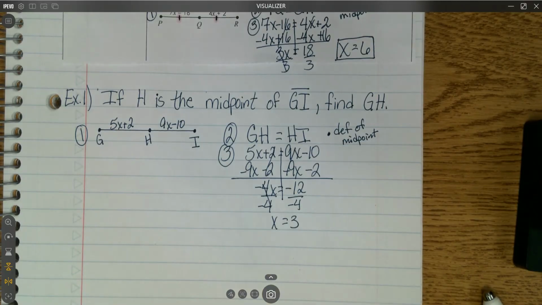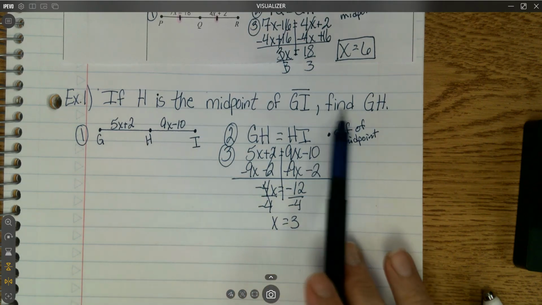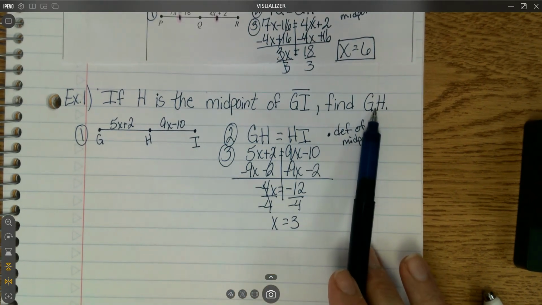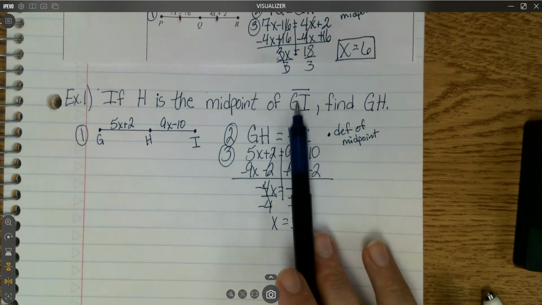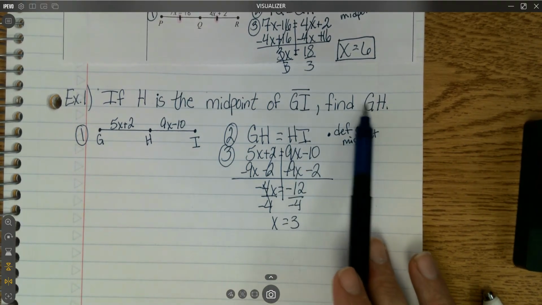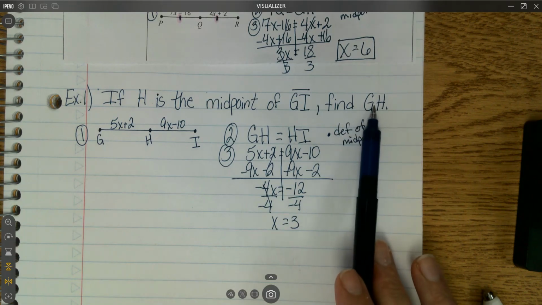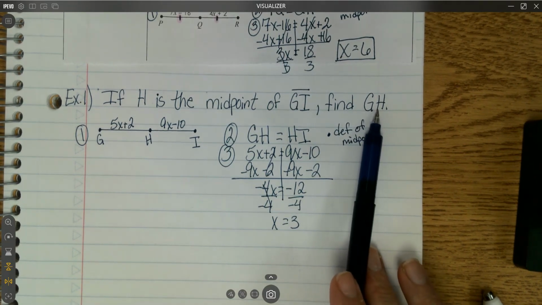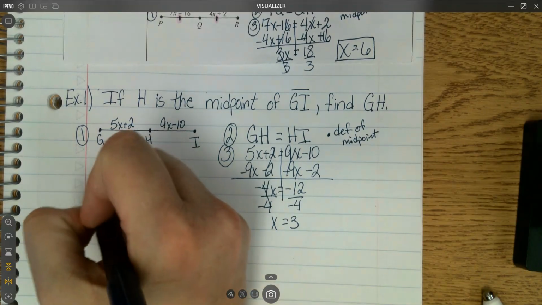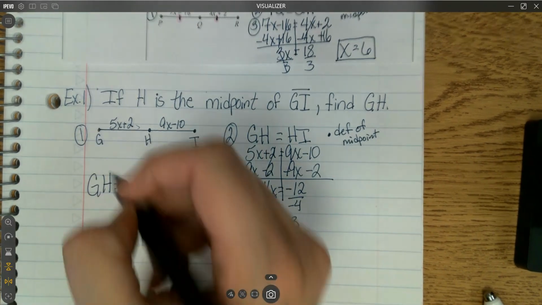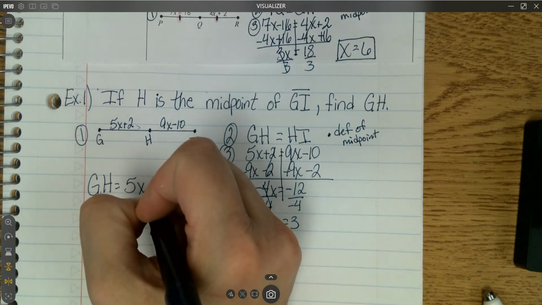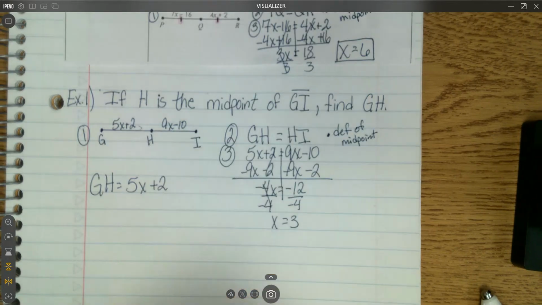Don't box it in yet until we go back and make sure. Find GH. Okay, so you'll notice they went from pictures to now give me a number. That's why it doesn't have the segment above it. So that means actually solve it, okay? So if I go back here to GH, I know solving it with numbers, I need the numbers at 5x plus 20.